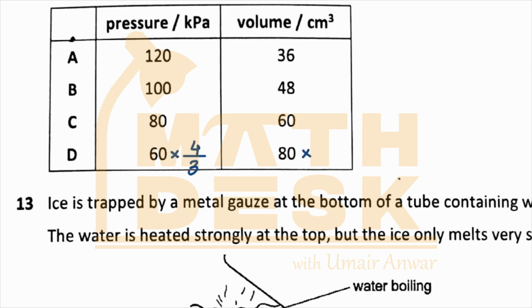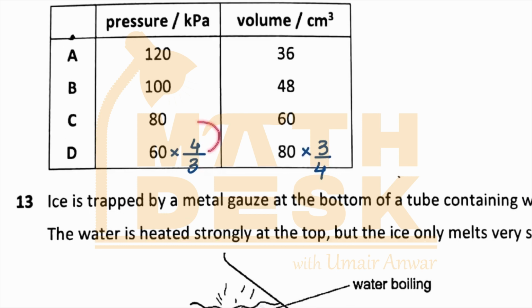Now the other quantity would get multiplied by the reciprocal of this fraction. So this becomes 80 and this one becomes 60. So it means that this pair of values is correct.